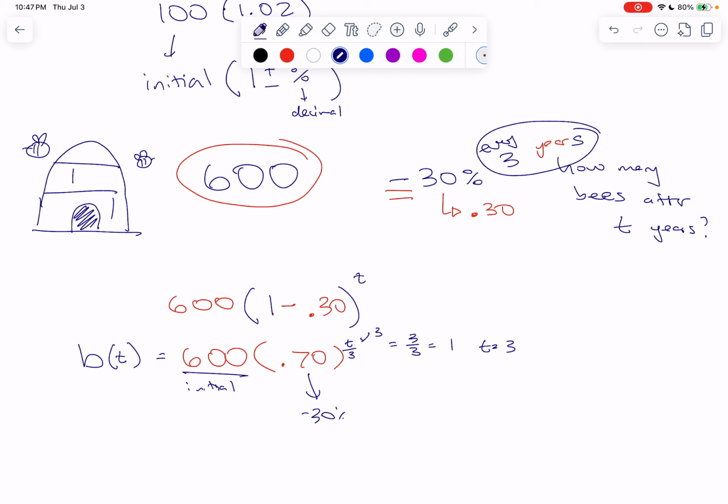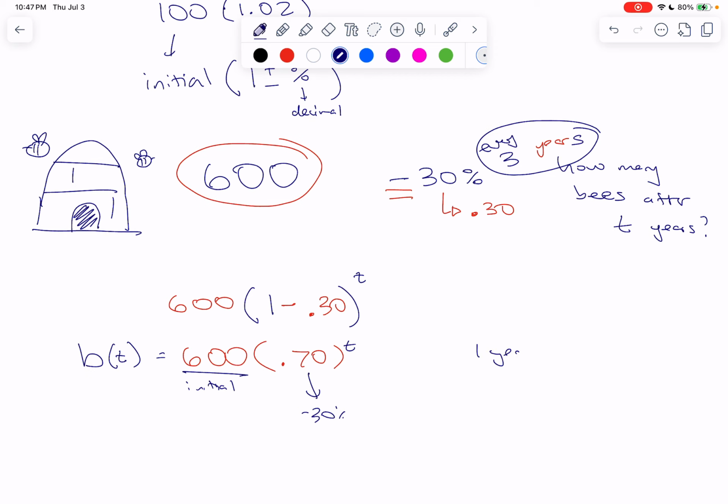Now, what if it happened 3 times a year? How would I adjust that? Well, then I would want when my T is 1, I would want my exponent to be 3. In 1 year, it happens 3 times. So what would I do there?